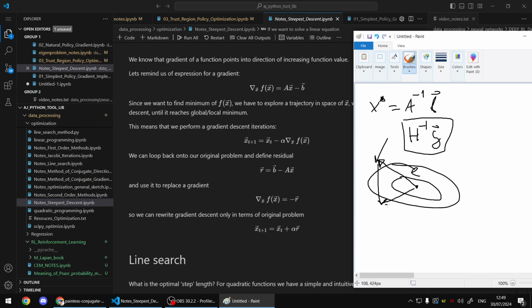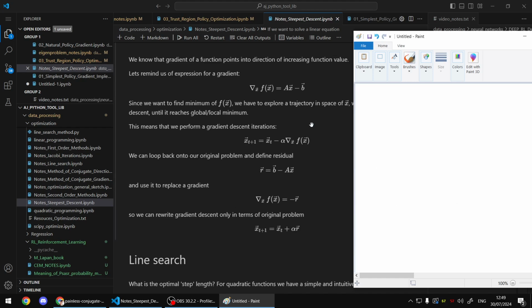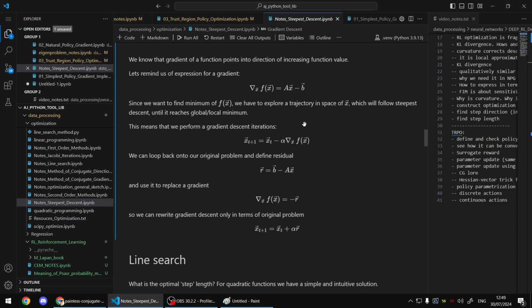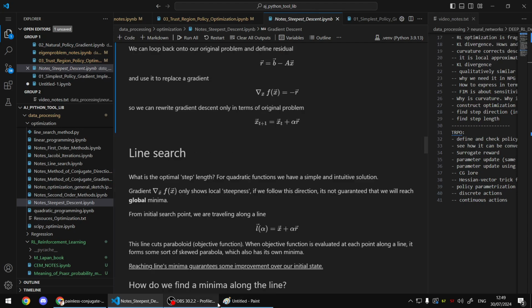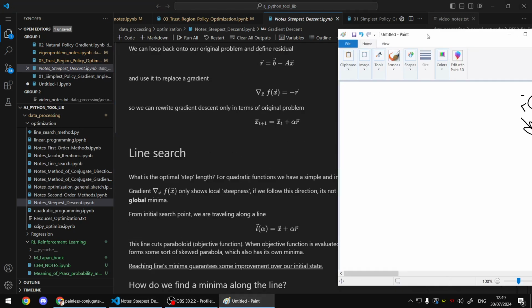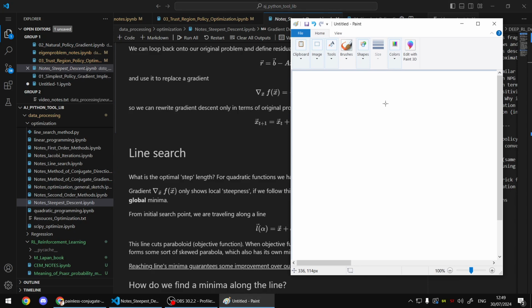So basically we want to reduce this error vector, and when this error vector is 0, we are at the center. It's not that important, but still, that's why it's kind of difficult to follow sometimes. And so the idea is that we pick some kind of direction. Yes, we know where to move in gradient descent.